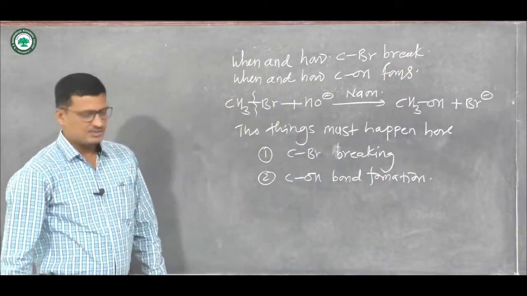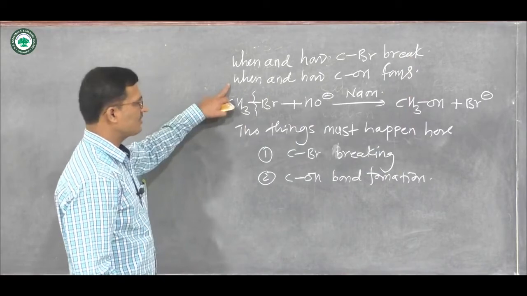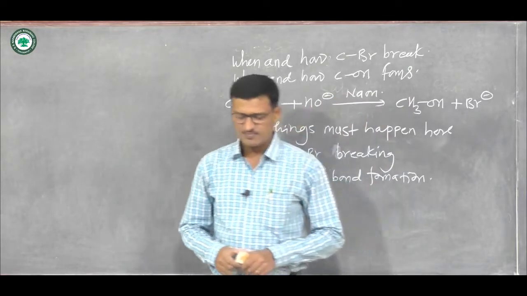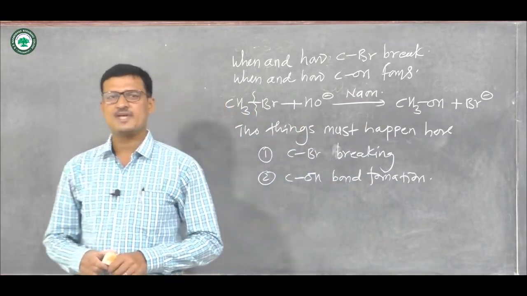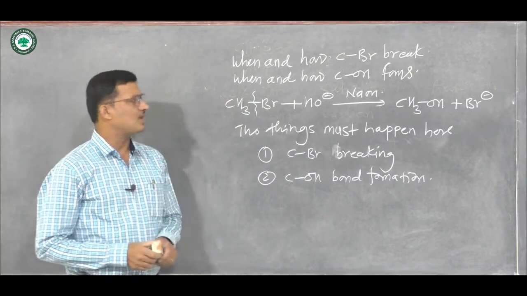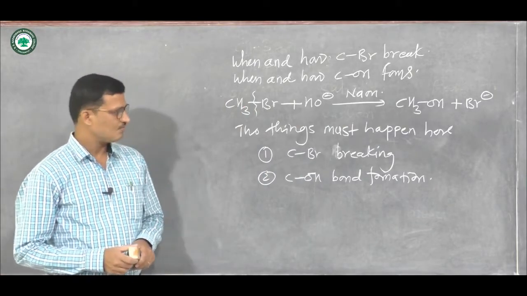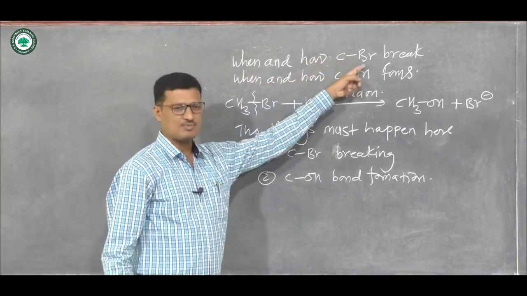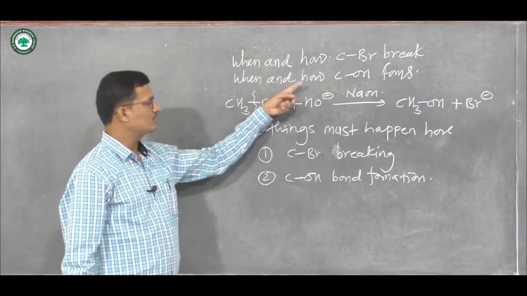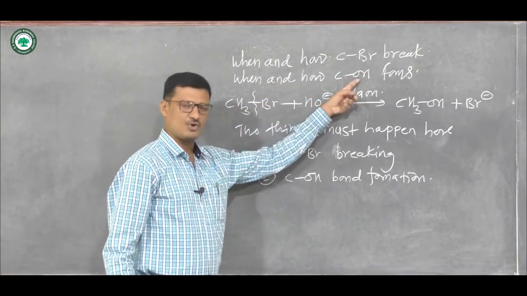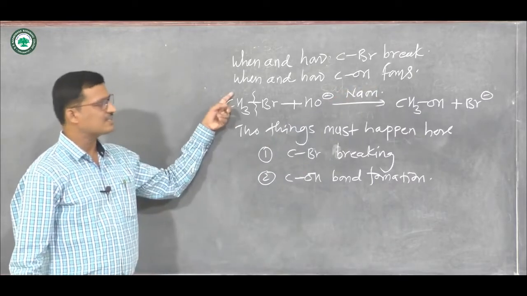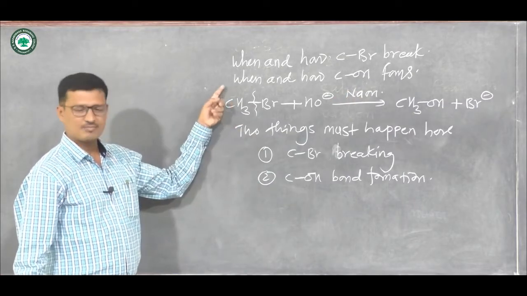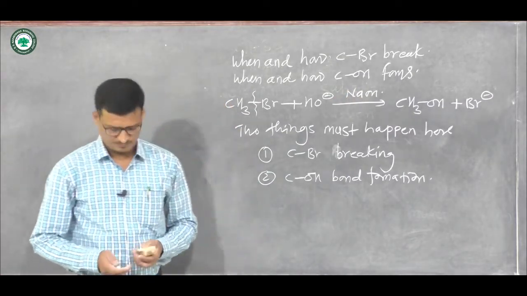And the third important question is what energy changes occur when the bond between carbon and leaving group is broken and when the bond between carbon and nucleophile is formed. So these three questions are very important: when and how the bond between carbon and bromine breaks, when and how the bond between carbon and OH or nucleophile forms, and what energy changes are associated with these nucleophilic substitution reactions.